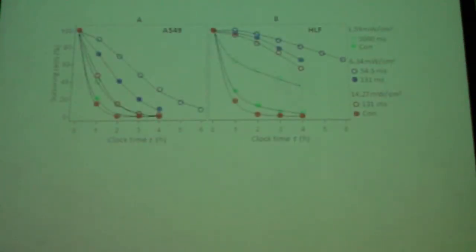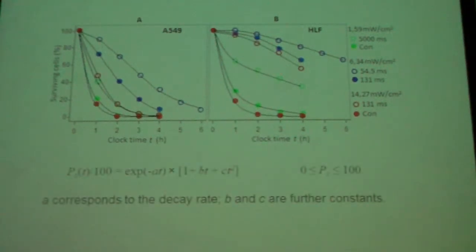Now the curves fitted to the percentages of surviving cells. In the first image, you can see the percentages of surviving cancer cells. In the second one, you can see the percentages of surviving normal cells under different light intensity and exposure.